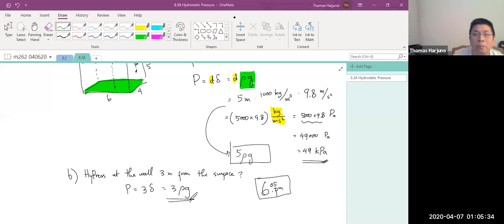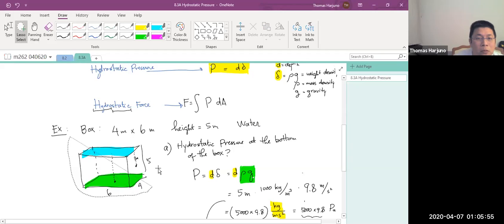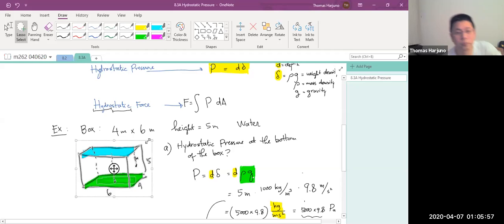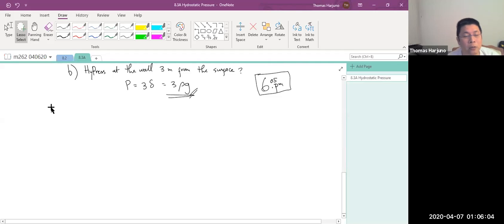We will get a bit harder now. Let's see part C. Let me copy this graph first, so that we have a better point of view down here.